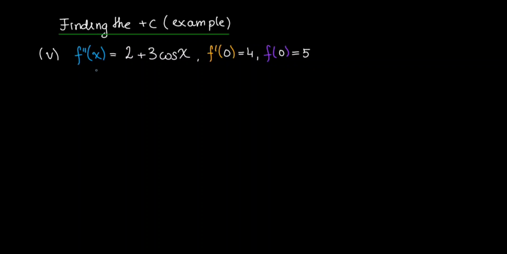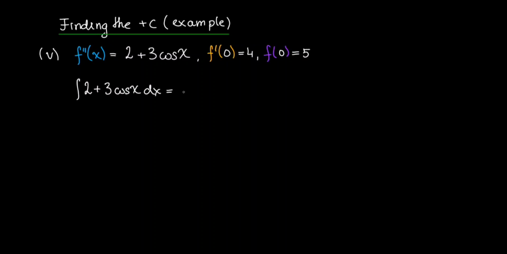However, we're given the second derivative. So this means when we do the integral once, we're going to get the first derivative, and then we have to do the integral once again in order to find the final function. First, let's begin with computing the integral of 2 plus 3 cosine x dx.